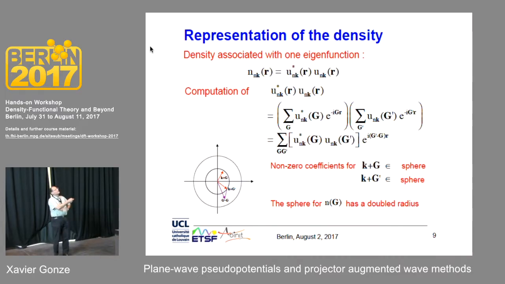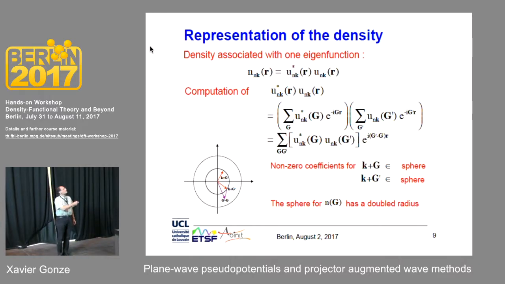Now, one might indeed consider that the wave function in real space is obtained from plane waves, both the complex conjugate and the function itself. We combine these two expressions and we find that actually the two plane wave factors combine to give another plane wave. That's nice. However, the g prime coming from the first wave function and the g coming from the second wave function can combine to go outside of the initial plane wave sphere.